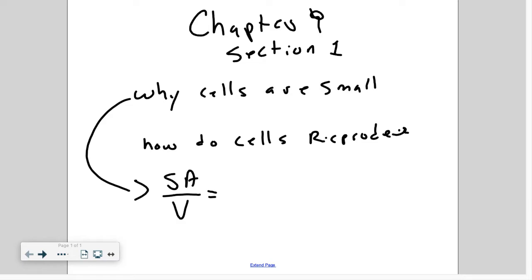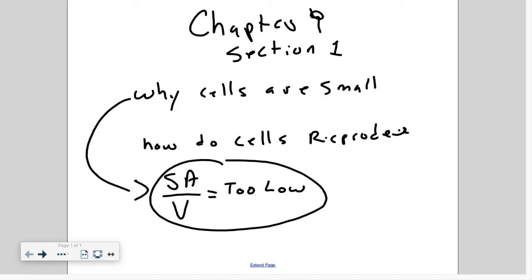So as cells get bigger, the surface area to volume ratio becomes too low. This number gets bigger, this number gets bigger, but when you divide them, you get a number that is lower after cells get any bigger than that. So the first reason was our geometric reason.